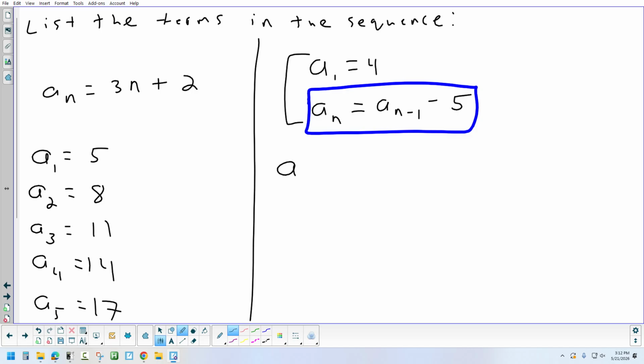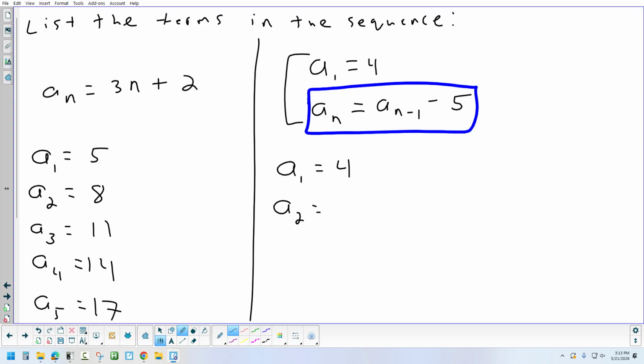So, what is the first term in this sequence? Yep, 4. And how do you know that? Because it's given. In a recursive sequence, they always give you the first one. Now, follow the pattern of subtracting 5 each time, and that will give you the next term. Okay.